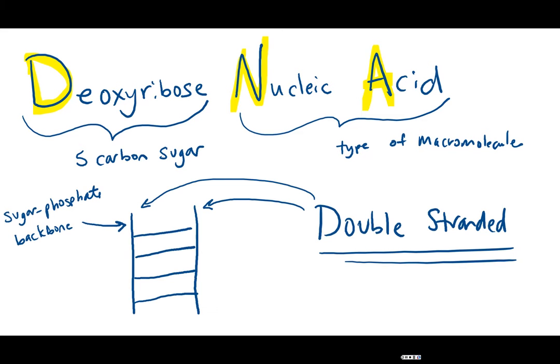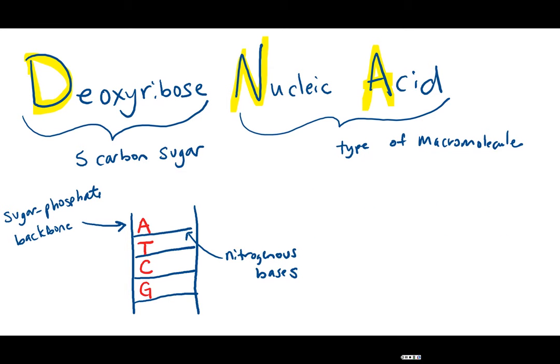Now, when we look at a DNA molecule, you can sort of deconstruct it and think about it like a ladder, where the sides of the ladder are sugar and phosphate backbone, and then the middle piece, the rungs of the ladder, are those nitrogenous bases, which again, we're abbreviating those bases.